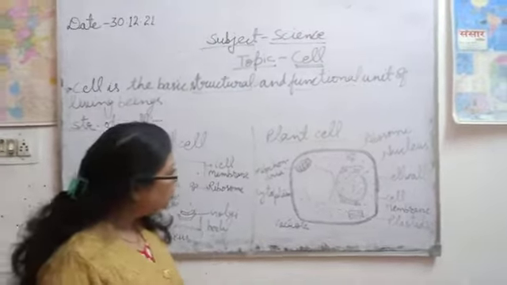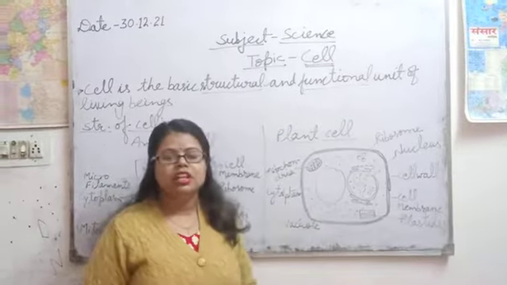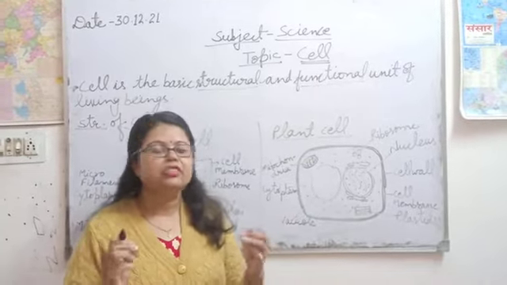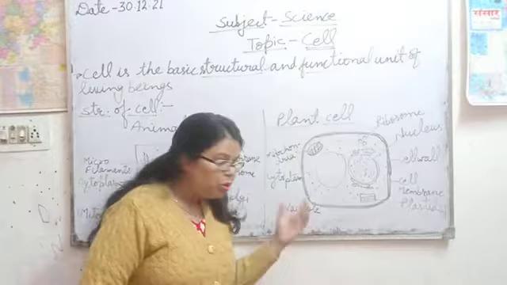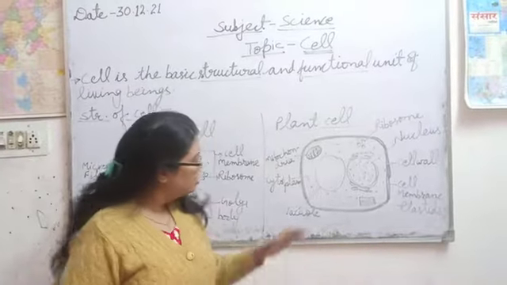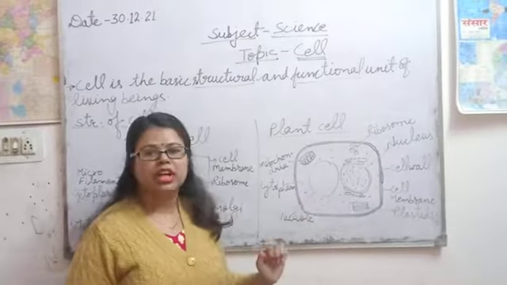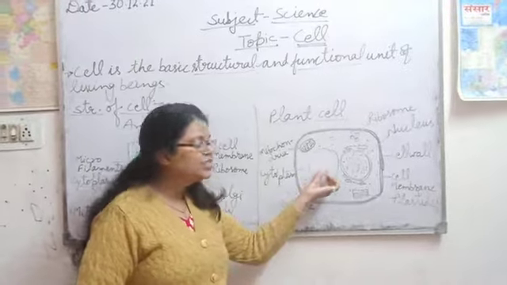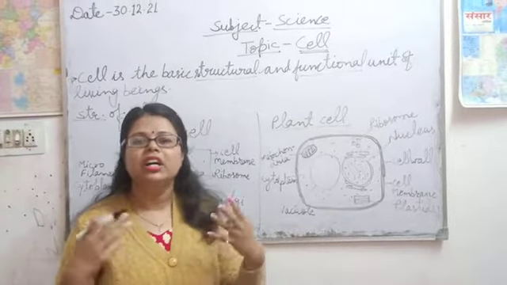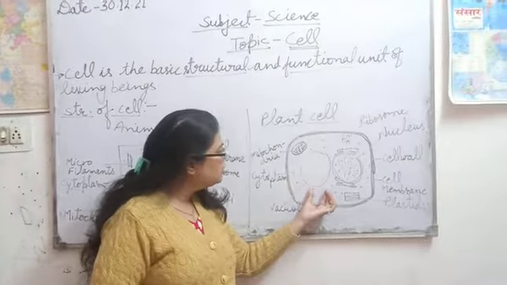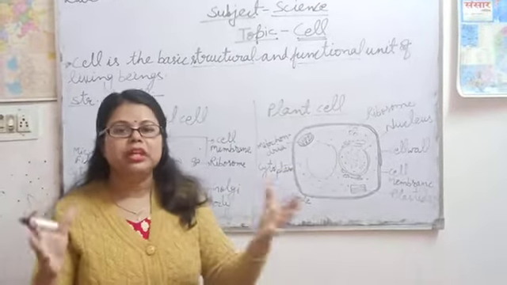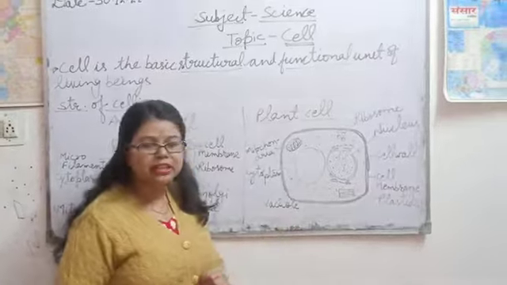Why? Because in the plant cell, there are a large number of vacuoles present. Vacuoles are balloon-like structures. These vacuoles have excretory material or gases in them. So there is a large number of vacuoles, and they are big in size in plant cells.